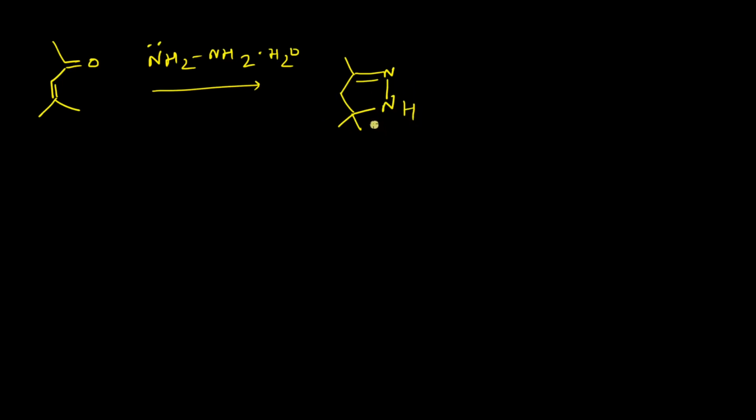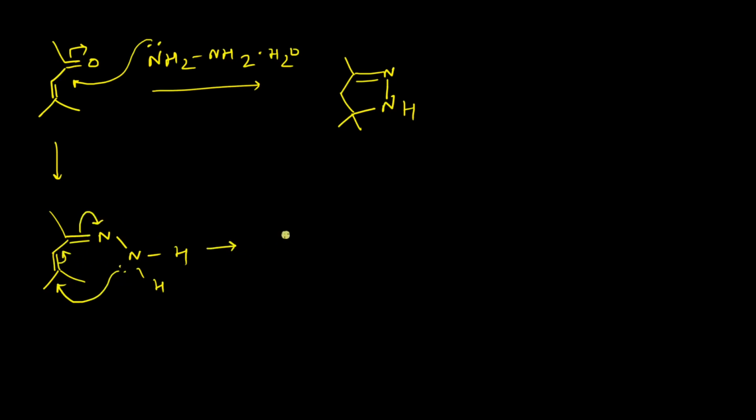So how is this intermediate forming? The nitrogen center will attack here as normal, and the formation of the hydrazone will be pretty straightforward. So after the formation of this hydrazone, this sp3 hybridized nitrogen center will attack this carbon atom by its lone pair and thereby form this particular intermediate.